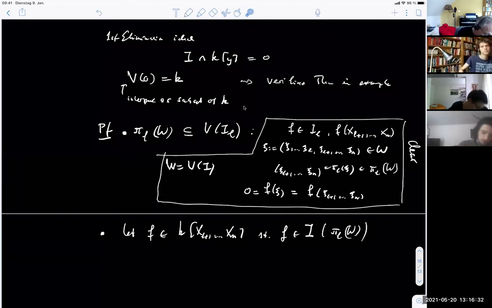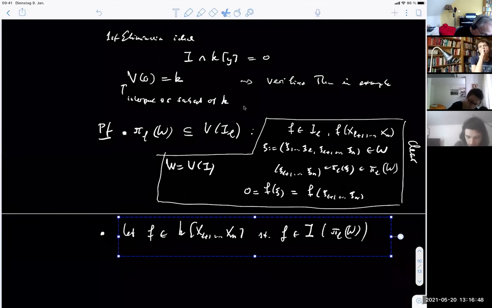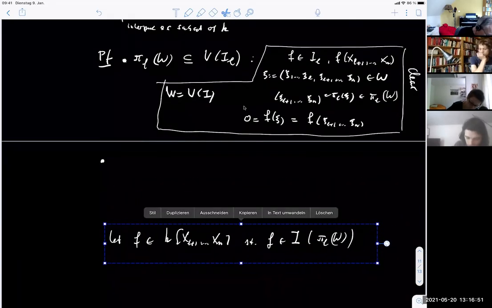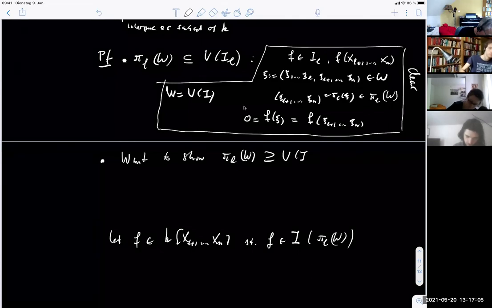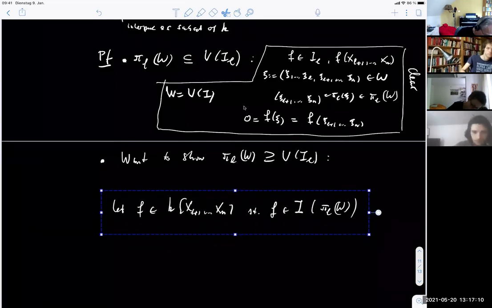So now actually I look at this, but I want to prove this inclusion. Okay, so maybe I should write this because you are not used to these kind of arguments. I want to show this. So that's what I want to do. So how can I do that?